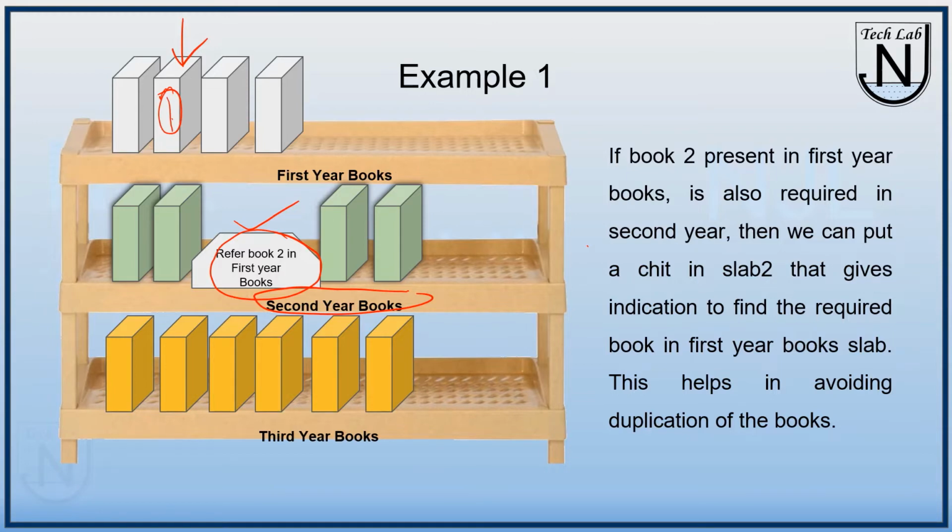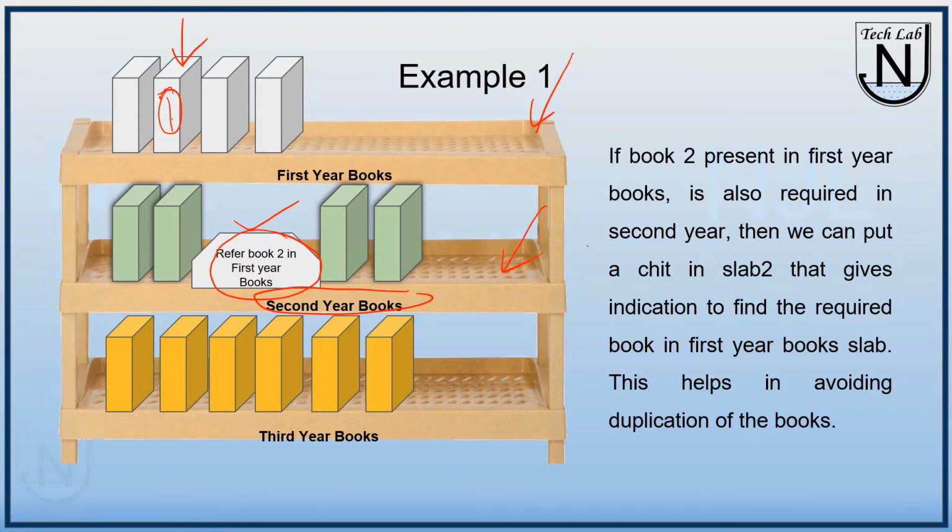With this we do not need to duplicate or buy another book. So by arranging the books in this way, we are able to reduce the space, buy fewer books, and use the space in the slab optimally.